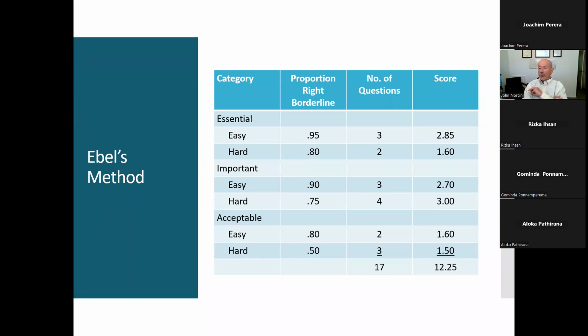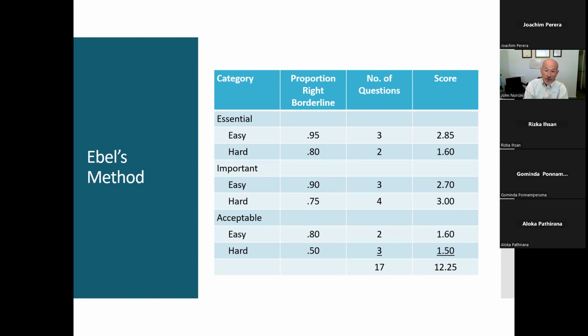So they asked, what proportion of a borderline group do you think would get the easy essential items right? And then they went around the room just as the Angoff method was done. Everybody puts their estimates up. There's conversation. Everybody's free to change their judgments.